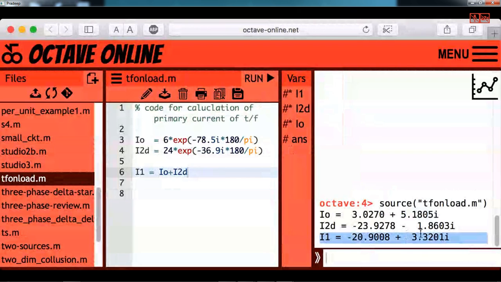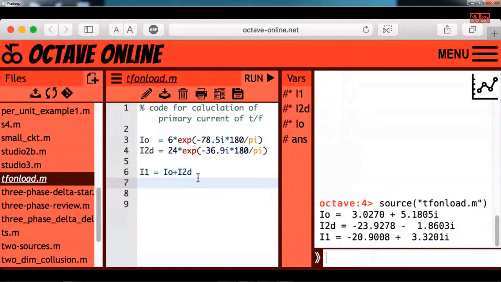Let us calculate this I1 in terms of real and imaginary components. I just make a vector of absolute value of I1 and then angle of I1.